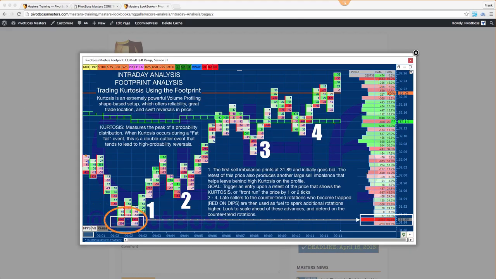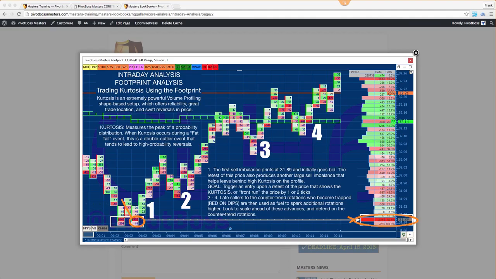Down here you can see price had dropped lower, and then a large sell imbalance forms, and price goes bid up, even by little ticks, 1, 2, 3, 4, 5 ticks. Not by a whole lot, but 5 ticks. When price comes back to that same price point, an even larger sell imbalance prints right at that area, and what's left behind is a huge kurtosis.